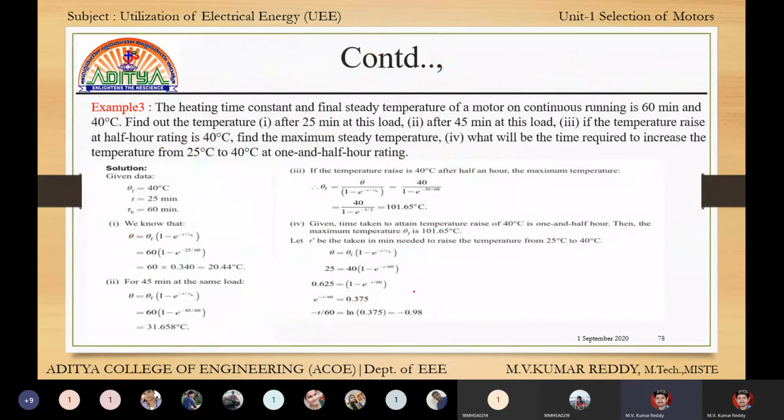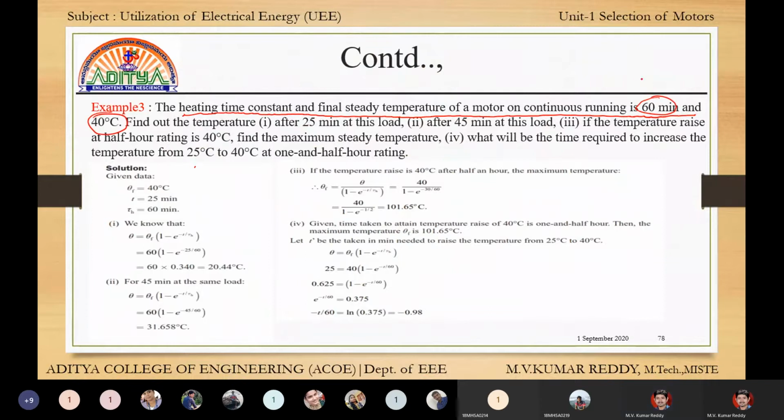Next problem. In this problem, given the heating time constant and final temperature of a motor on continuous running are 60 minutes and 40 degrees centigrade.